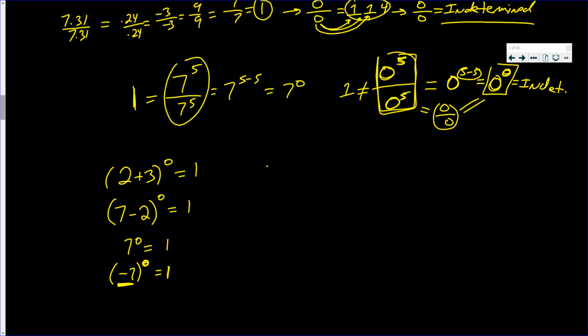7 over 2, that is not 0. When I raise it to the 0 power, I get 1. Now, 17 minus 17, that's 0. And when I raise it to the 0 power, I get indeterminate.